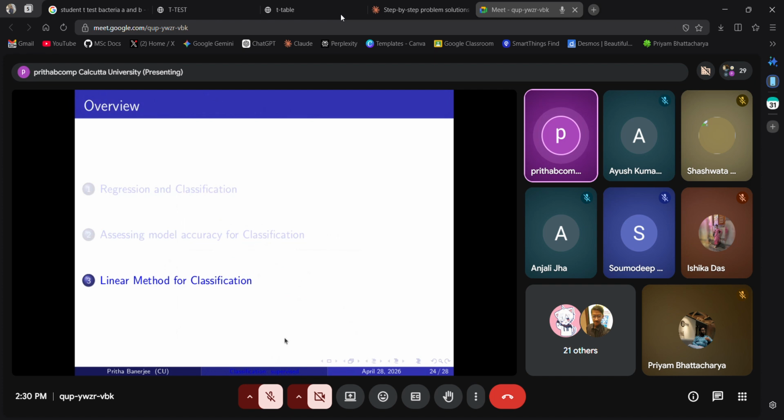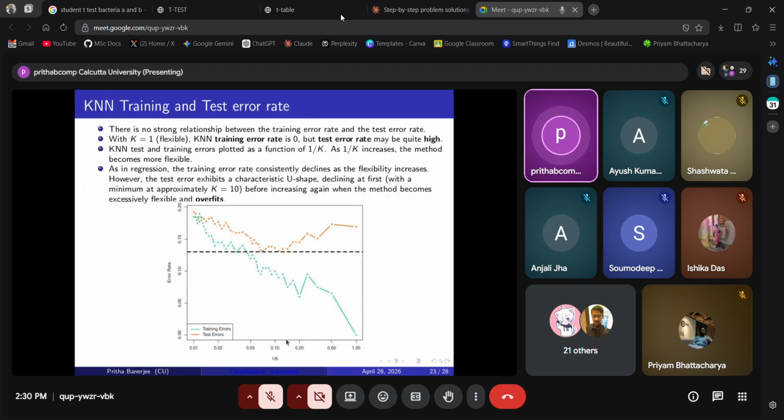So this is all I have about this classification today. In summary, other than the confusion matrix, there is a way to assess the accuracy of classification models using the average number of mismatched classes.